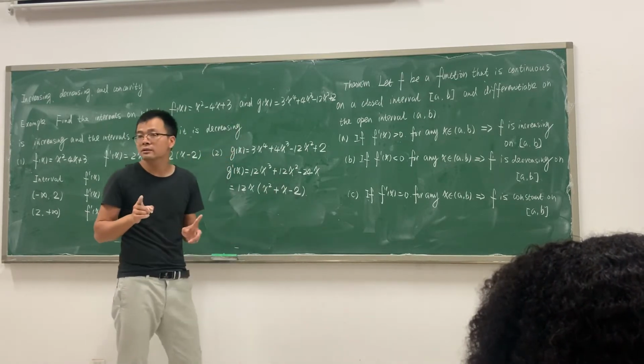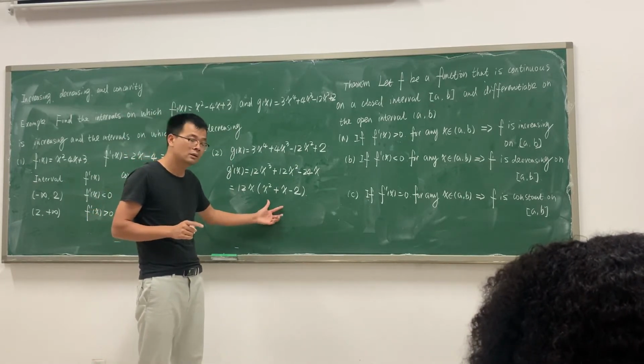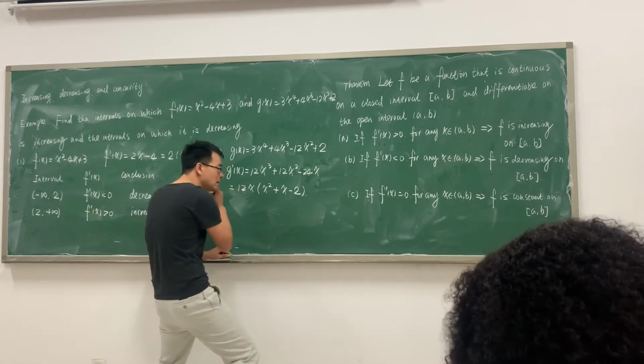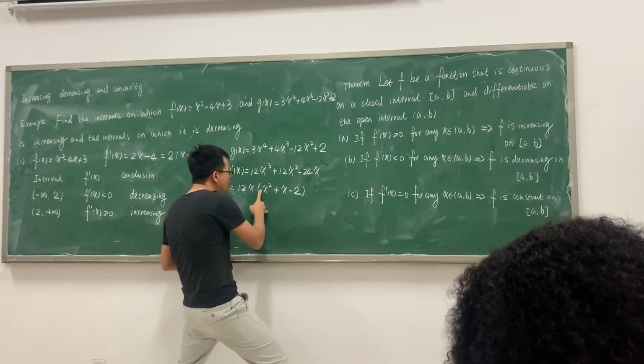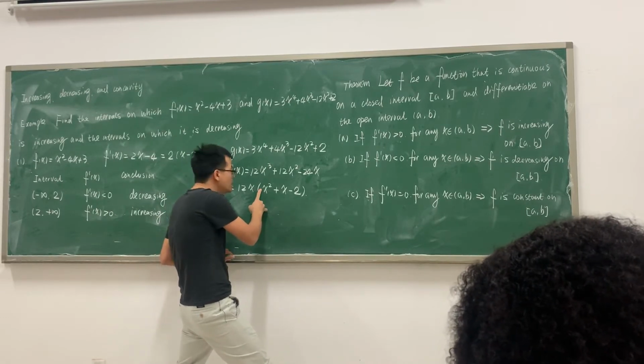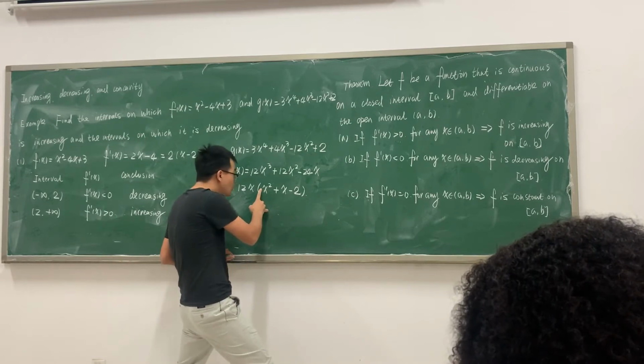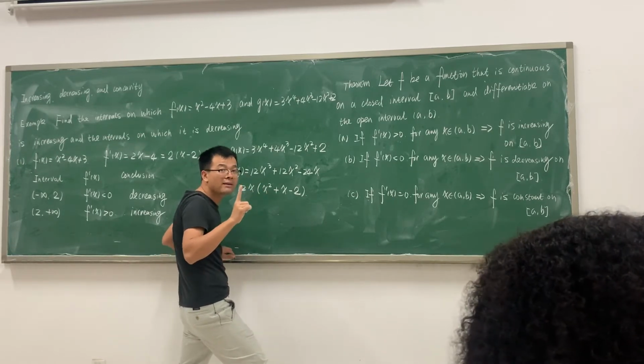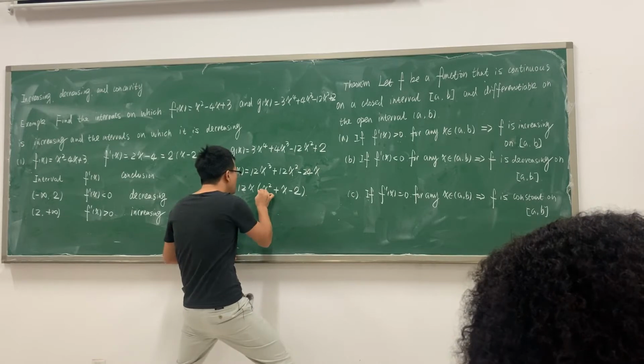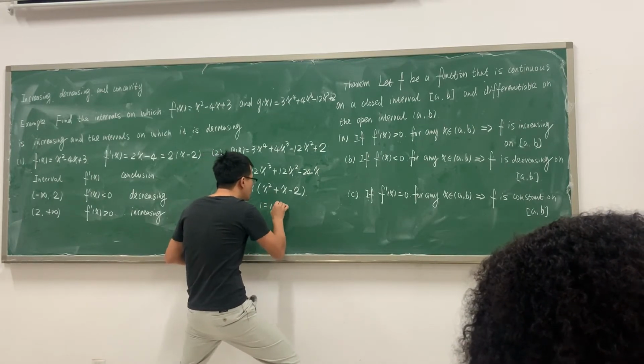So how to find the factors? The coefficient of x squared here is 1, so we can write 1 equals 1 times 1.